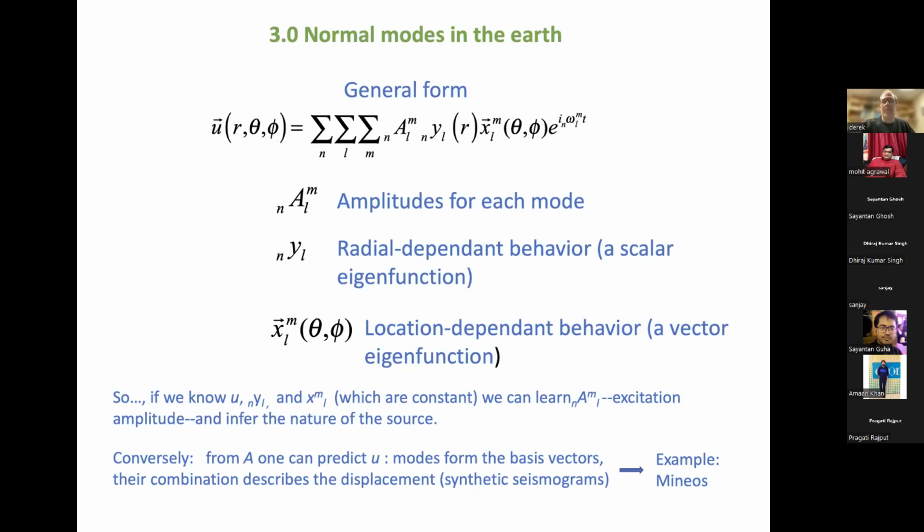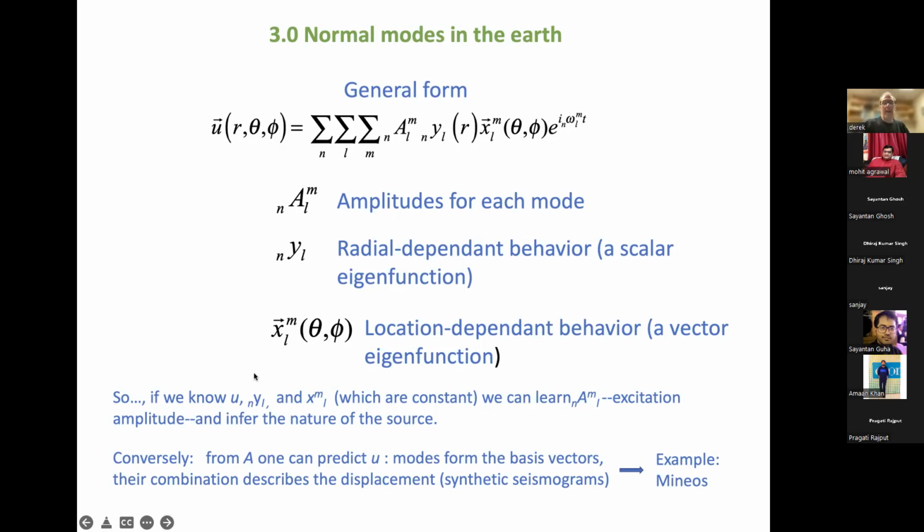We will do a summation over L and m, where A is the amplitude for each mode, Y is the radial dependent behavior, so the depth dependent behavior, and X is going to be our location dependent behavior, in terms of theta and phi. Then we have e to the i omega sub L sup m times t, which gives us our waveform type behavior.